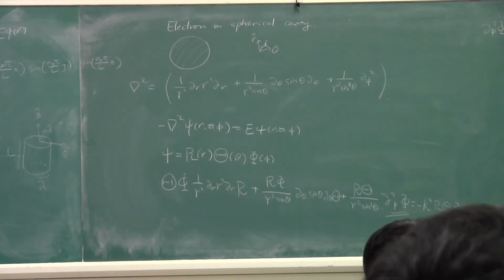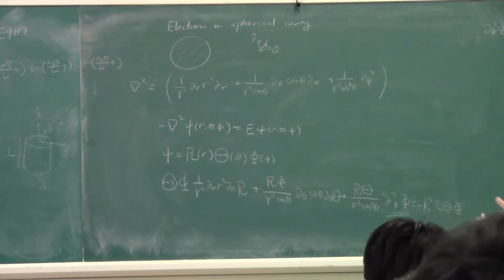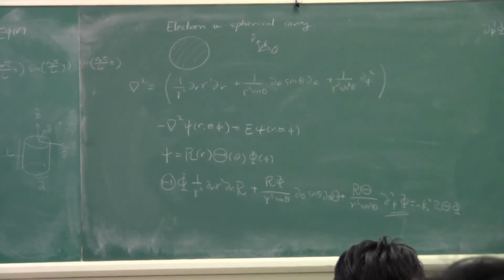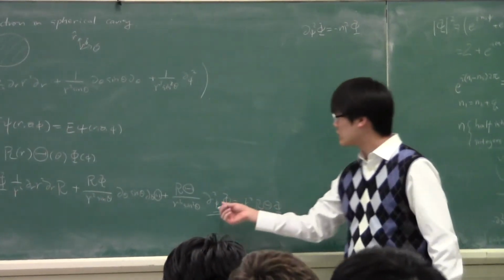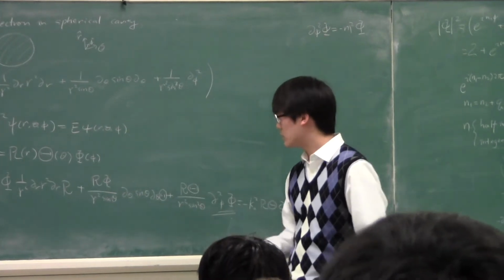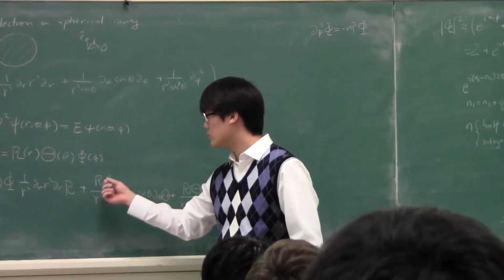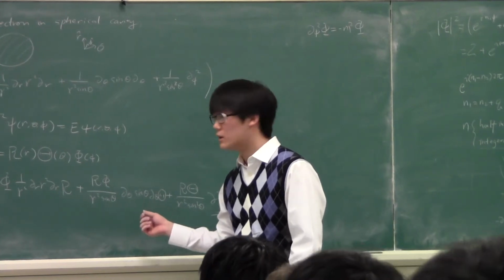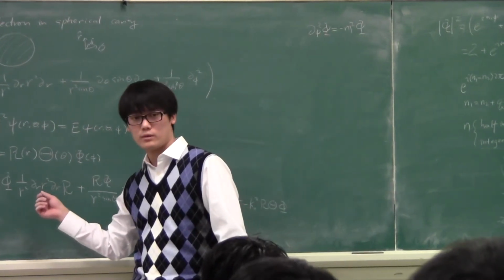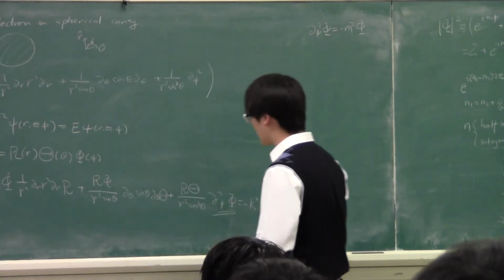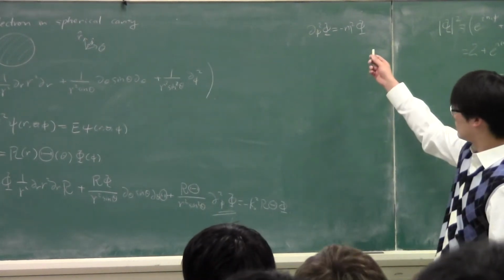Let me use M here. But this is convention. So now if I plug this into there, this one is completely multiplicative. This one is not multiplicative. We have differentiation with respect to theta. This one has differentiation with respect to R. So again, we single out the theta direction eigenvalue problem. So let me plug that in.